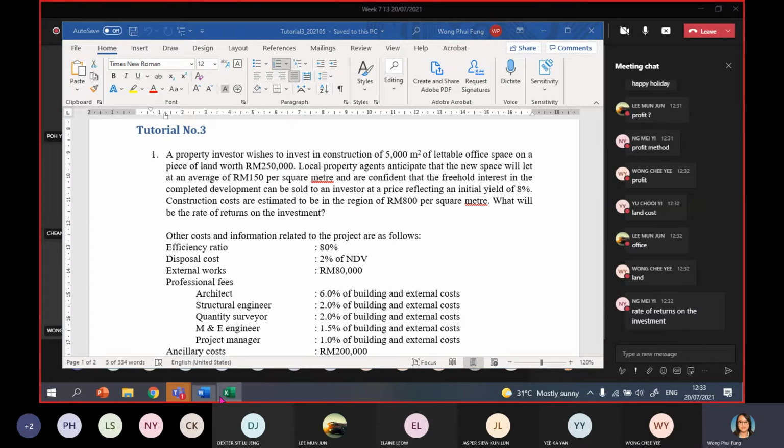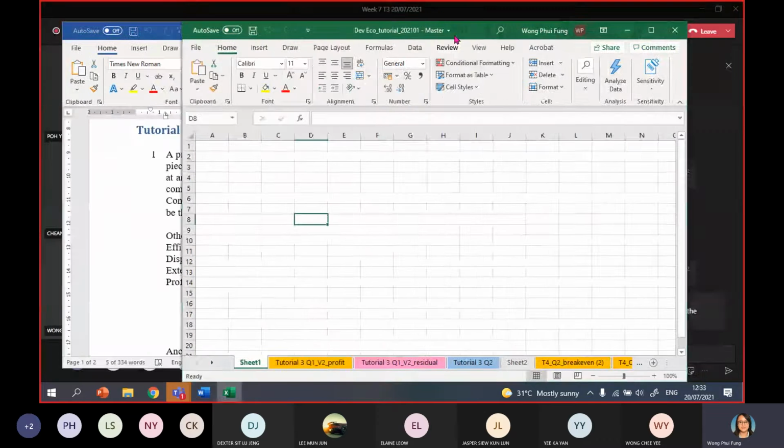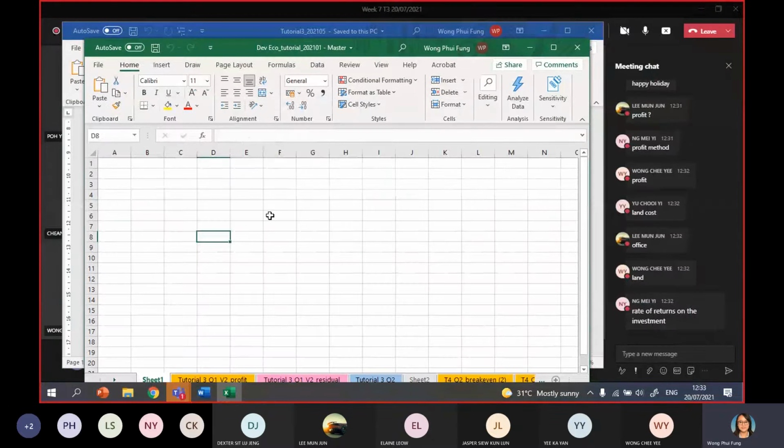Now I will ask you all one by one, let's see who is lucky. First of all, I ask Manjun. Manjun, answer this one: give me the gross area, net area, and also the efficiency ratio.